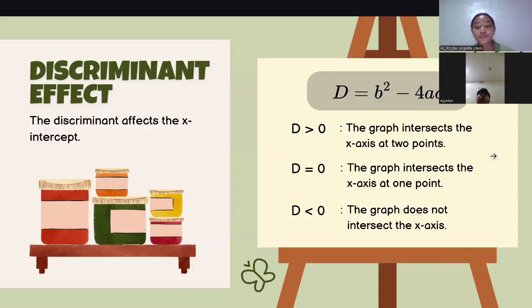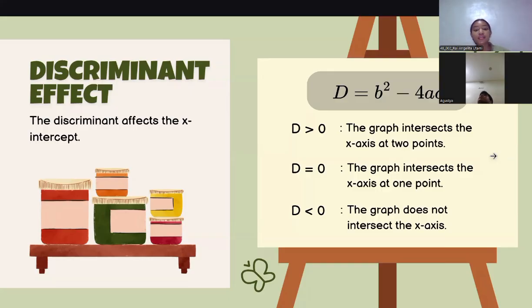There are three possible cases. First, if D is greater than 0, the graph intersects the x-axis at two distinct points. Second, if D is equal to 0, the graph touches the x-axis at exactly one point.